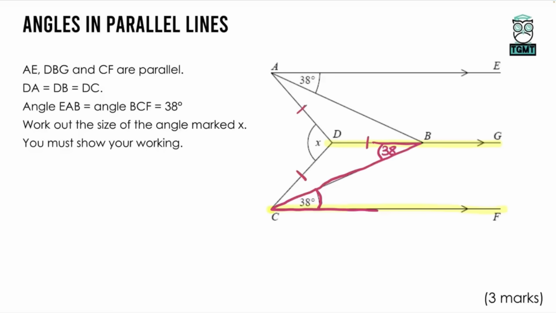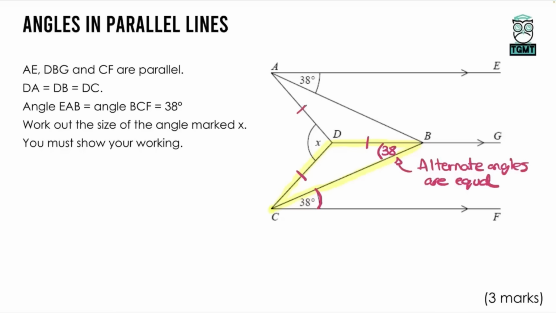Now it doesn't tell us to give reasons in this question, but here the reason that is 38 is because alternate angles are equal. And in a lot of questions it does ask you to give the reasons. We don't need to in this one, but just so you know, along our working out, that's why it's 38. Now we can almost now come away from all of this image, and we're going to now look at and sort of zoom in on this triangle here, because we've already said that's an isosceles triangle because two lines are the same length.